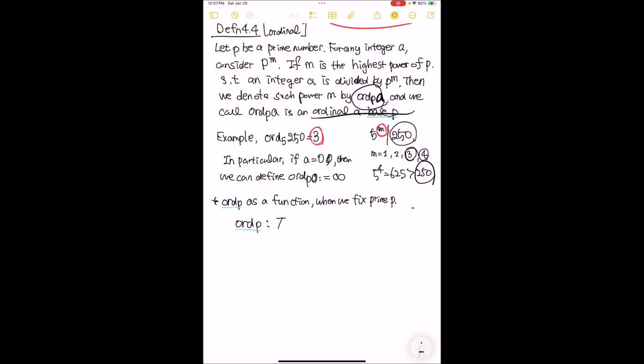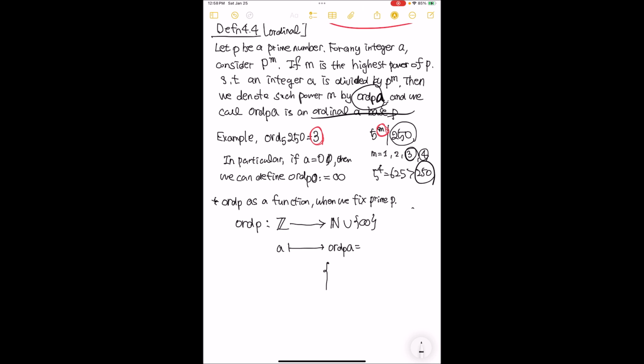The domain is the integers; we allow negative numbers too. And it spits out natural numbers, clearly, and in the case of 0, we allow plus infinity.